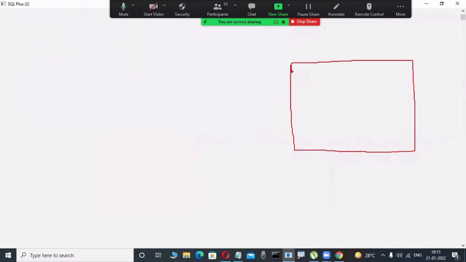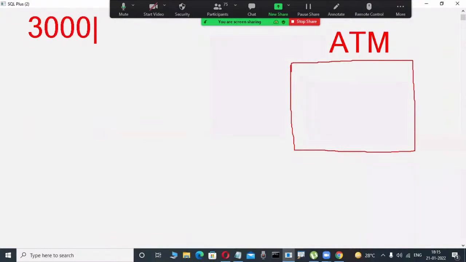One scenario I'm telling, that's enough. Now, what is my balance in my account? 3,000. Today I decided to withdraw some amount, for example. Suppose I'm going to the bank. Slowly observe here. This small scenario is easily understandable.